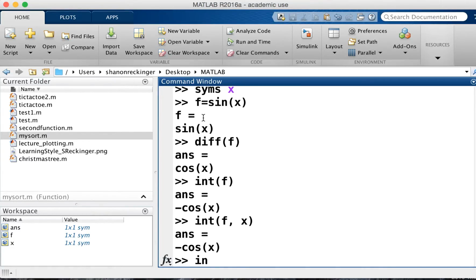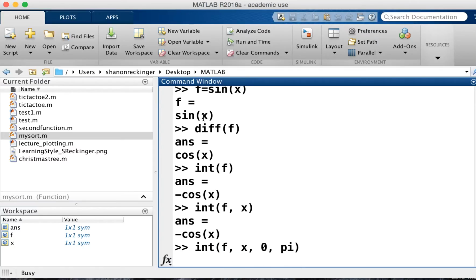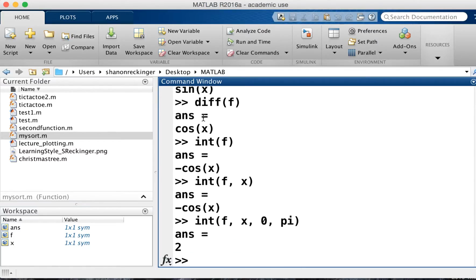So you can integrate f from 0 to pi or something, and it will give you the value when those bounds are plugged in. I'm just showing you the very basics. You'll do a lot more in your pre-lab to explore that a little bit more, but that at least gets you started with how it works.